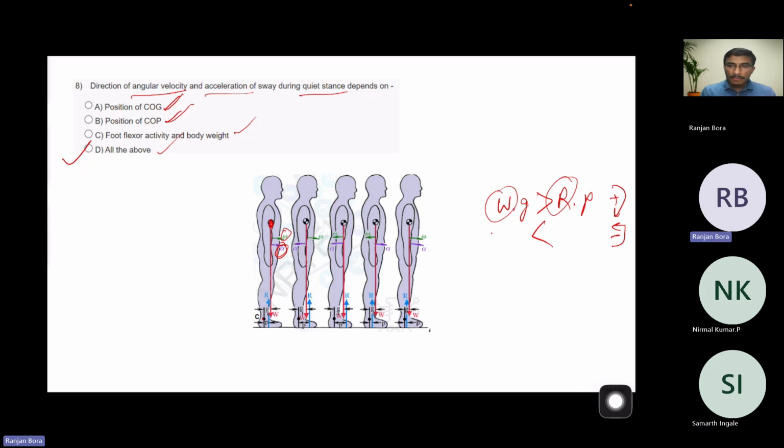We cannot stand in a way where alpha is 0 and omega is 0. So this is the impossible case. Whenever we stand, there is some alpha and some omega.